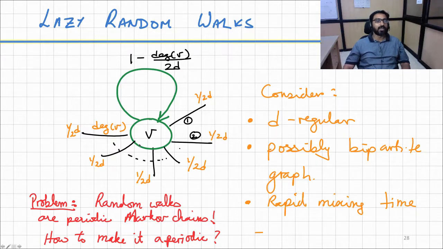It won't move with that much probability. And the important thing to keep in mind is that no longer is the Markov chain periodic. You may want to pause for a little while to convince yourself of this fact.